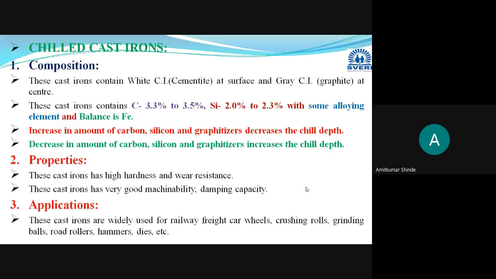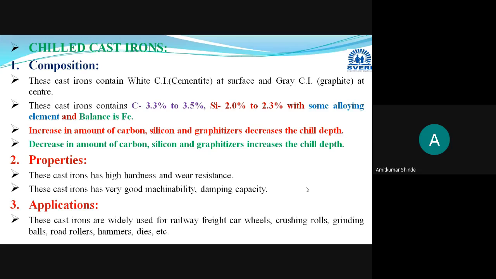But here, the presence of cementite or white cast iron and the presence of graphite will be in specific regions only. At the center or core of your component, graphite will be there, and on the surface of your component, cementite will be there, meaning white cast iron will be present.